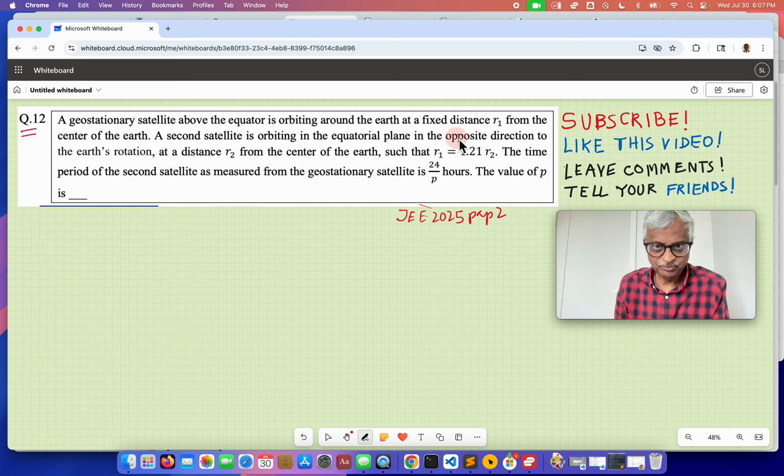Okay, so this problem is about geocentric orbit. So here is Earth. So this is the center of the Earth. So there is one orbit at R1.